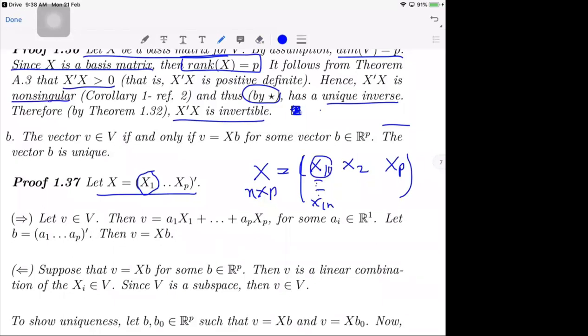Okay. Let v be in V. This is your assumption.